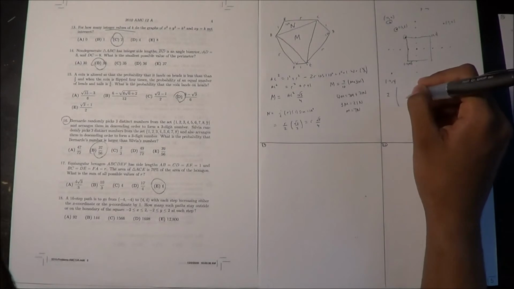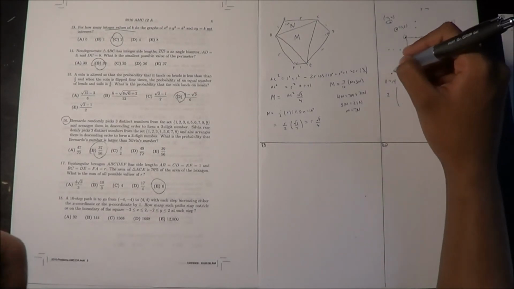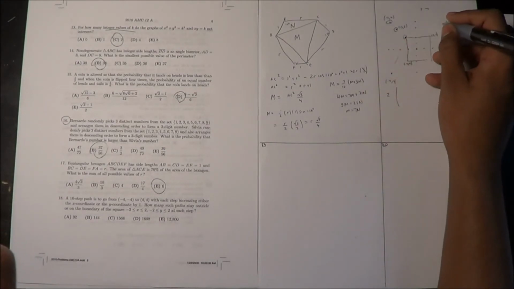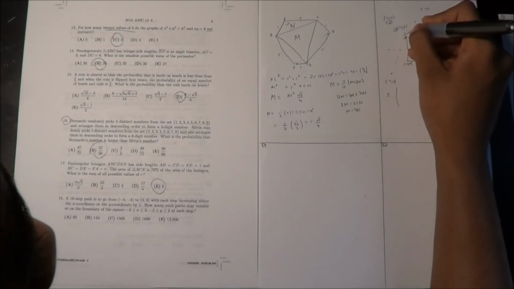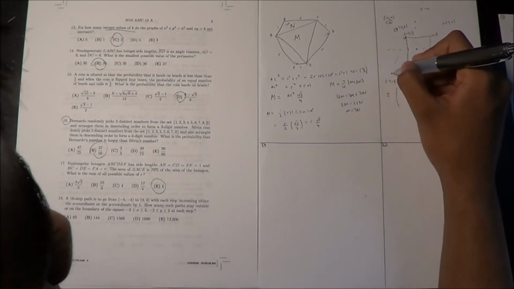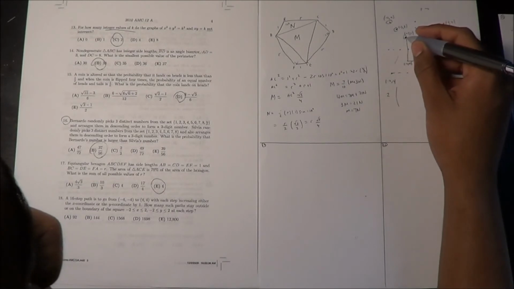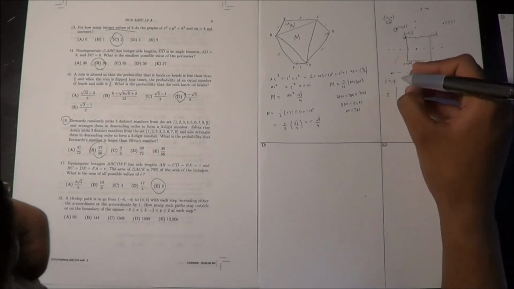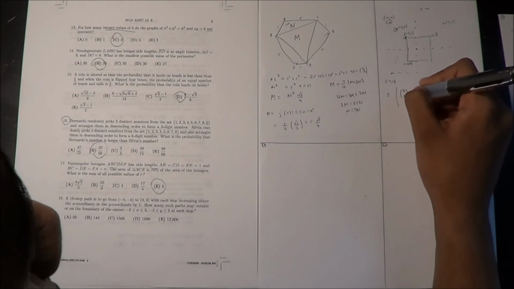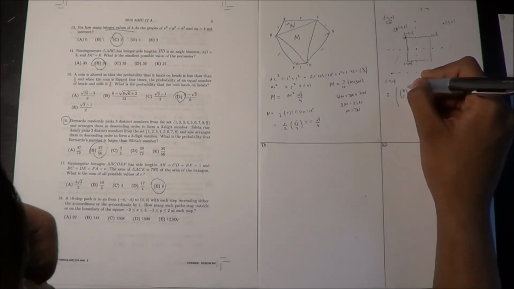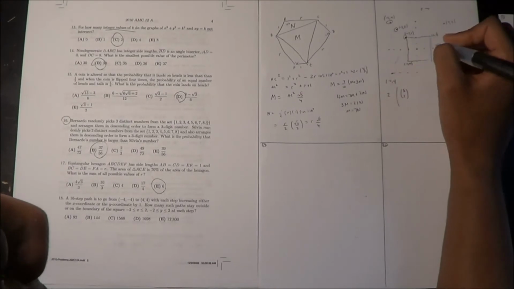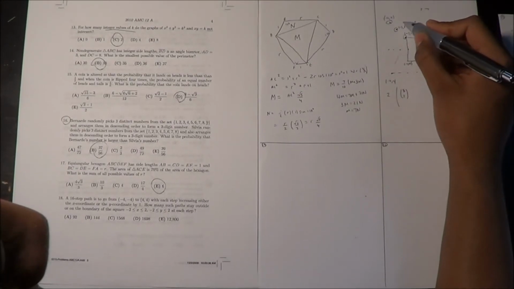So 2 times, and path from here to there is negative 2, 2. So this would be 2, and this would be 6. So 8 choose 2 squared, or no, 8 choose 2 times 1, 2, 1, 2, 2.